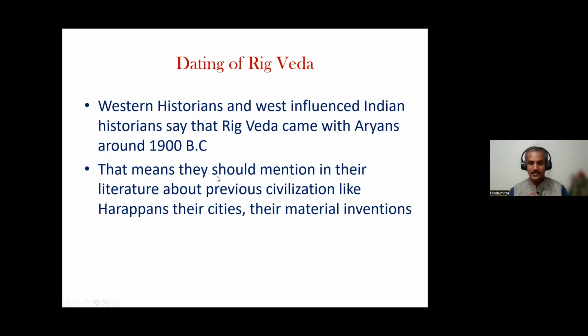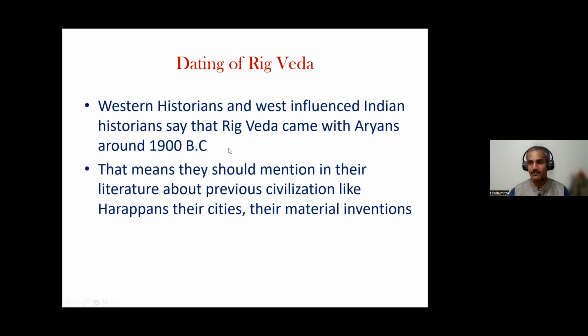That means if it is 1900 BC, they should know about the previous civilizations, for example, the Harappan cities, which are 3000 BC, 4000 BC old. If the British historians were right, when Aryans came, they should have seen the existing Harappan civilization and their cities, but the Rig Veda does not talk about any urbanization.